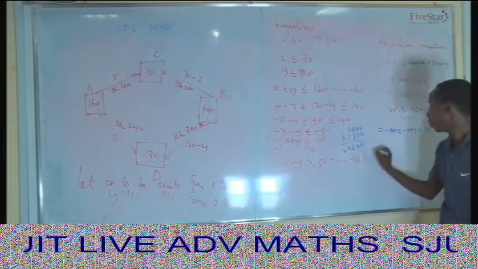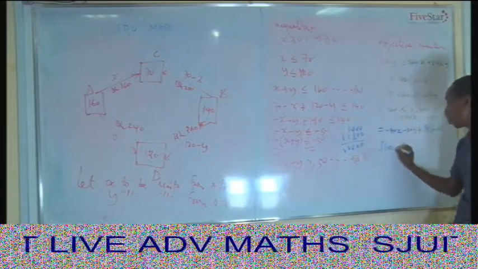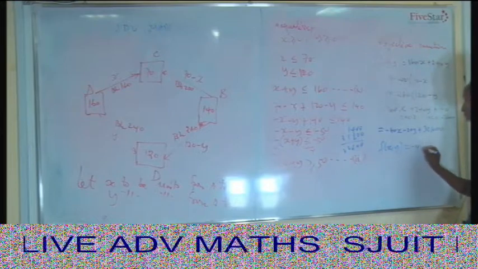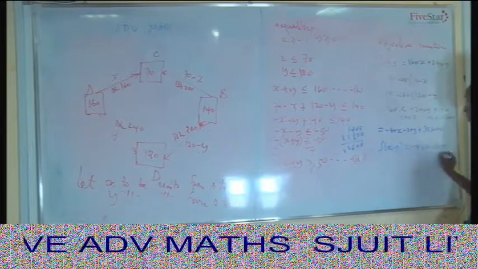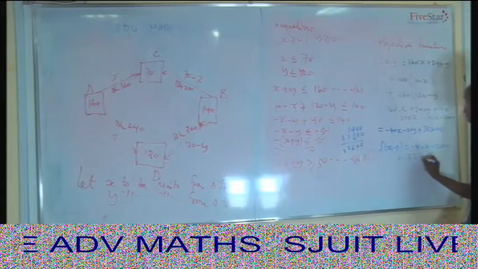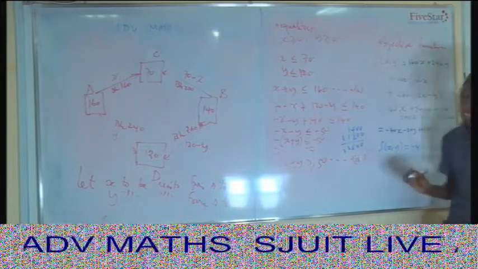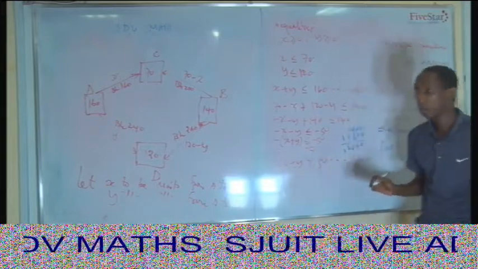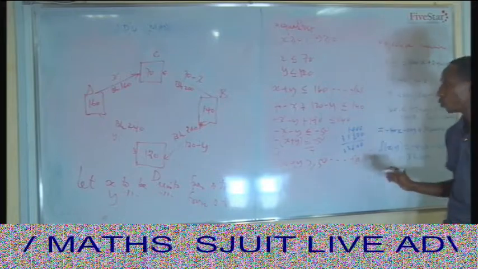And this is for sure the objective function, f of x comma y equals negative 40x minus 20y plus 32,600.